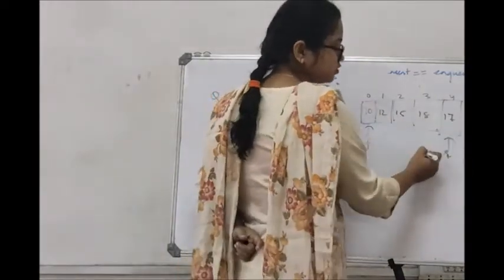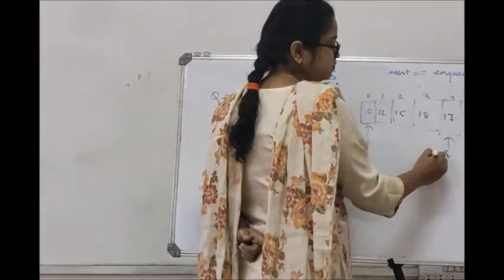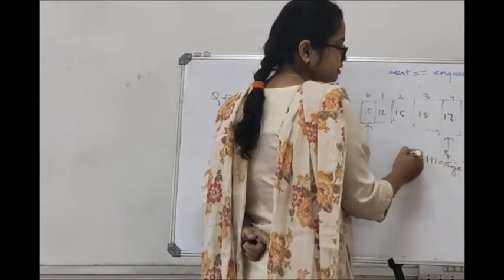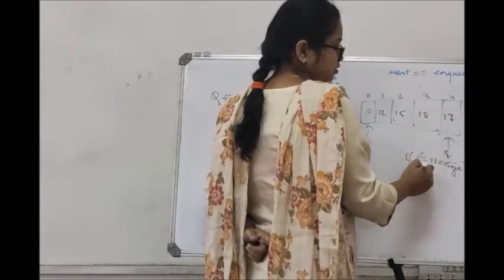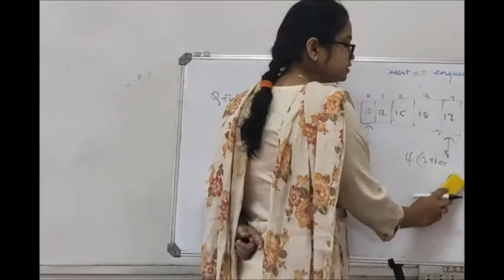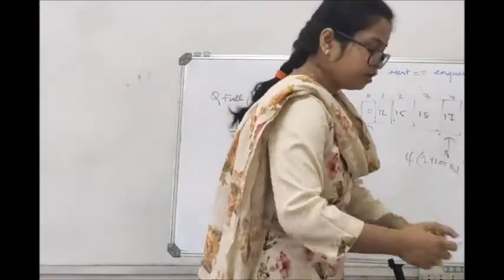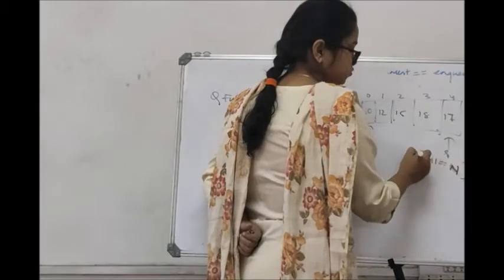What is rear? Rear is 4, right? It is the last index. Last index plus 1 equal to size, this is the condition. So what is 4? Rear. So if rear plus 1 equal to size, or what is the size we define? N. If rear plus 1 is equal to n, we say Q is full.